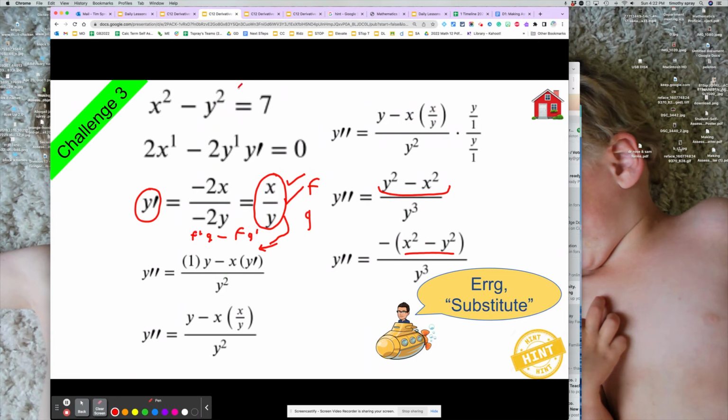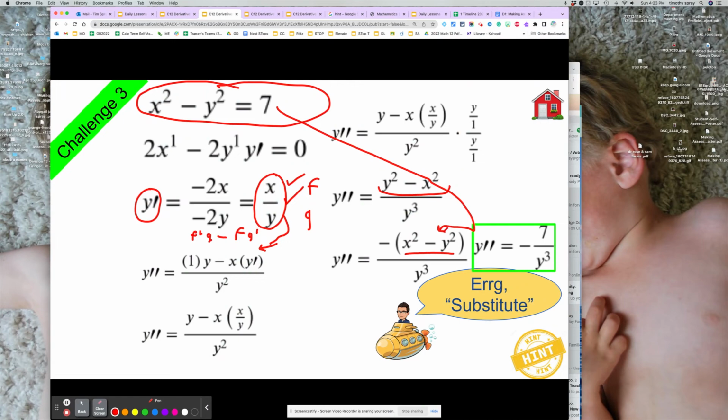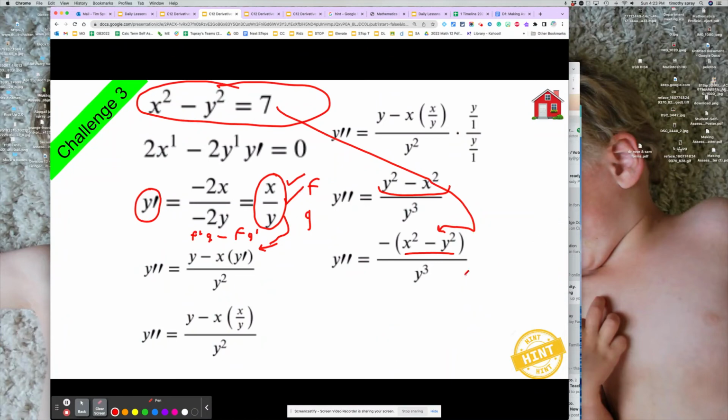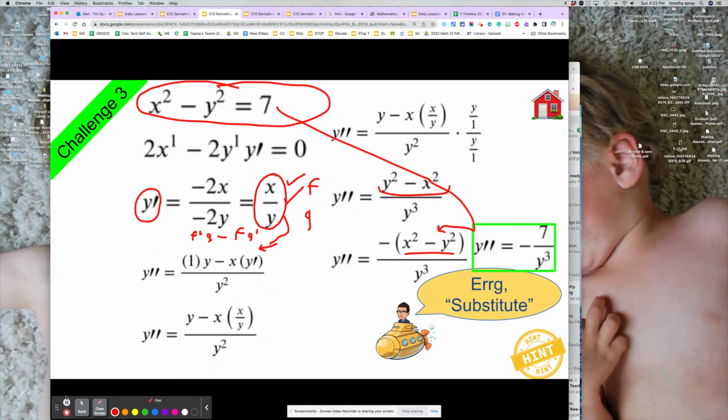Well, looking at this original equation here, that's pretty cool. So you can see that if we substitute 7 for x squared minus y squared, we have our 7 over y cubed and negative at that. And there you go. So noticing and wondering would get the job done there.